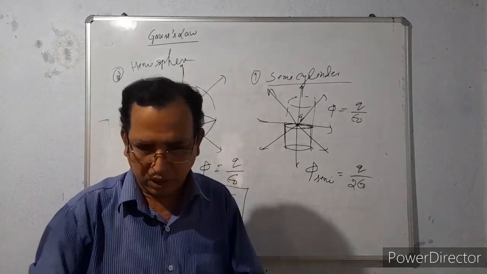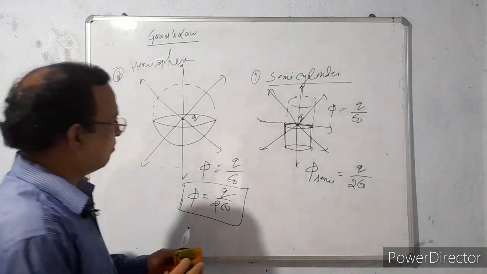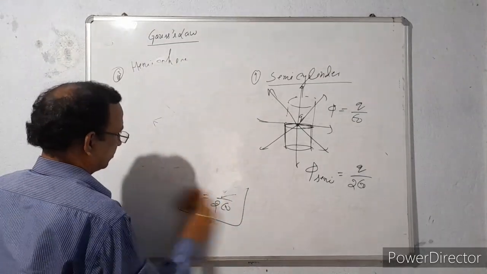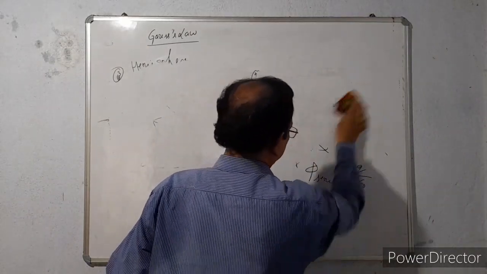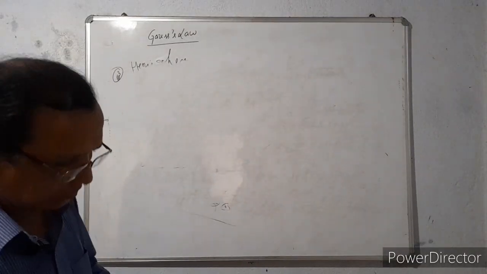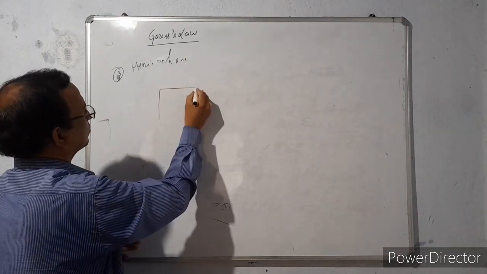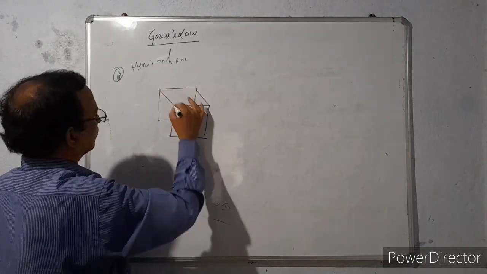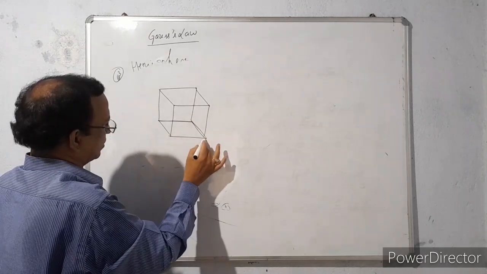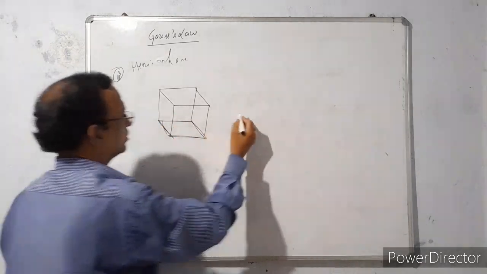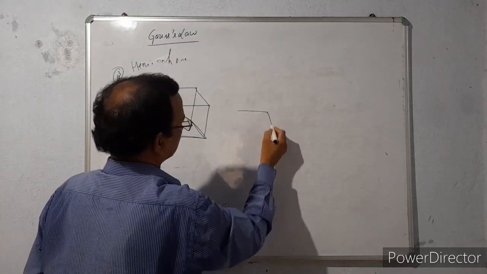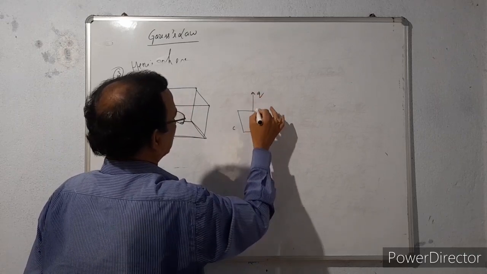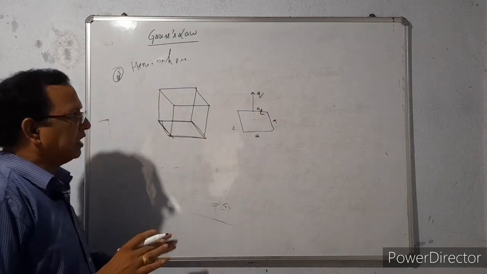If we can find out, in case of a cube, one plate of a cube, suppose the sides are A. If a charge Q is there, A by 2 means it is also symmetric.